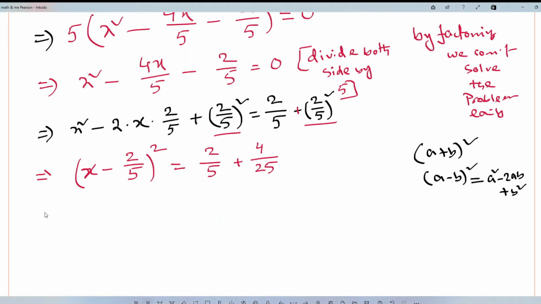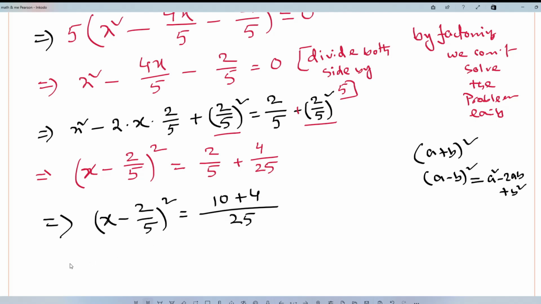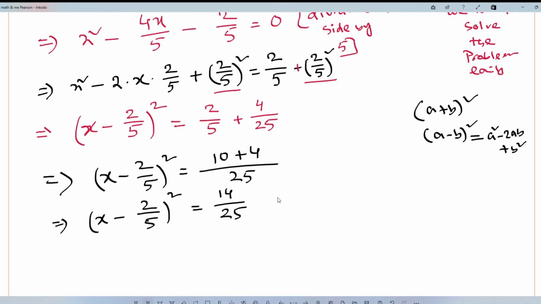Now here is x minus 2 by 5 whole square, and here the LCD is 25, so 5, here is 10, and here is 4. So here is x minus 2 divided by 5 whole square, and here is 14 divided by 25.